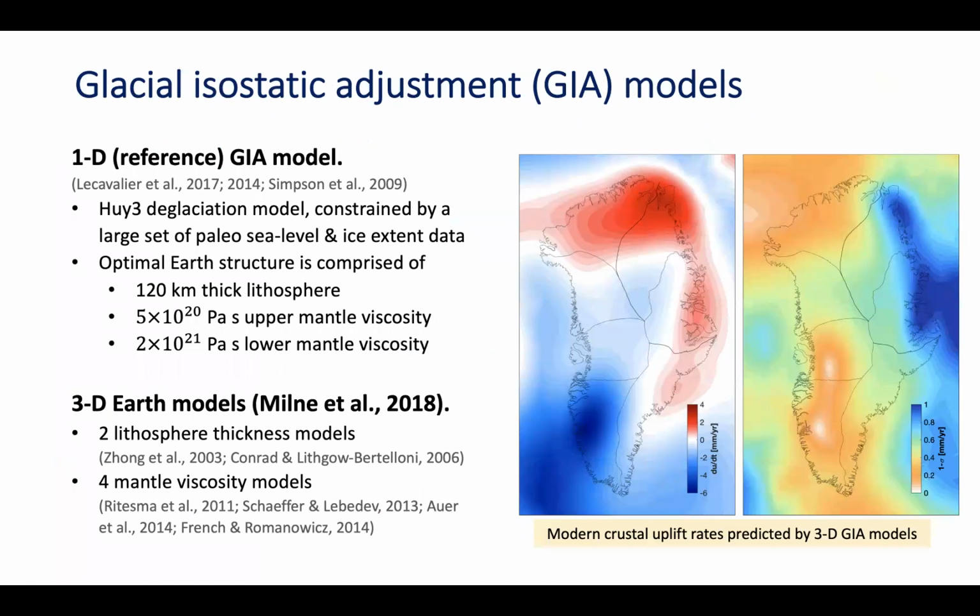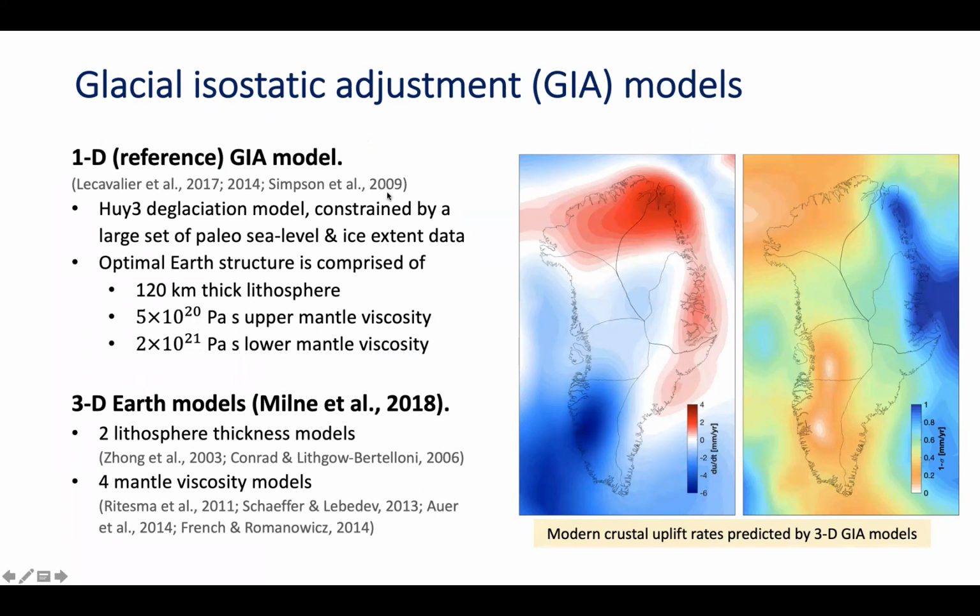There are quite a few models, well, not many actually, that are dedicated to Greenland. One of the most comprehensive efforts is the one by Glenn Milne and his colleagues at the University of Ottawa and elsewhere. And their effort really traces back to the work of Simpson in 2009, and maybe even further back.